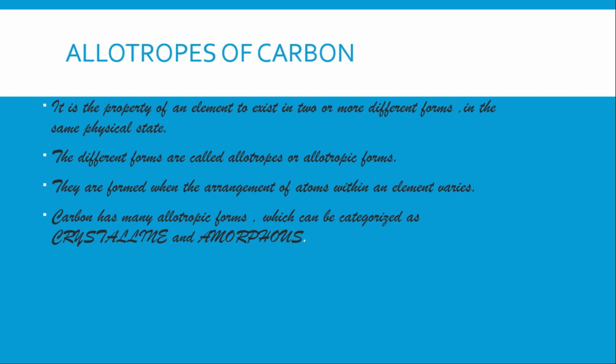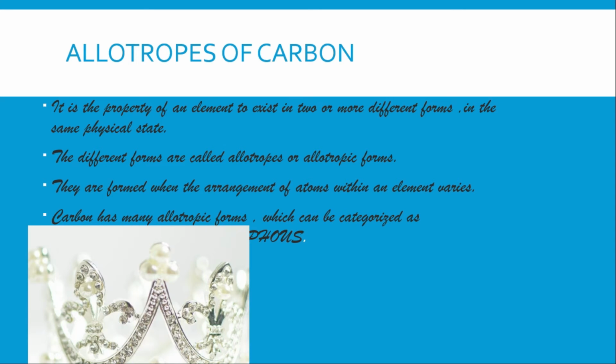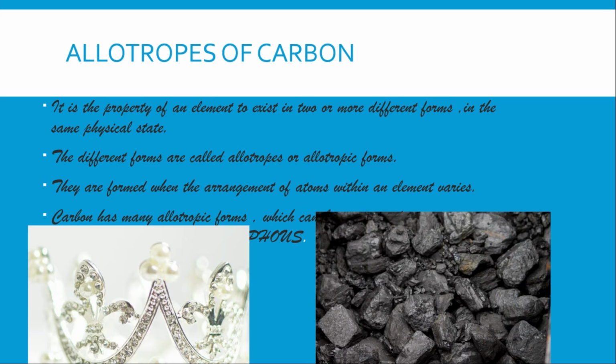So when we talk about the allotropic forms of carbon, there are two main categories we can say, that is crystalline and amorphous. When we are talking about the crystalline form, you will see that they are in the form of good crystals, meaning their form is very nicely arranged. The arrangement of the atoms is in a symmetrical pattern and that is in a repeated form.